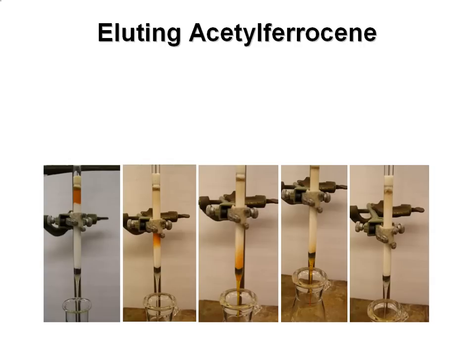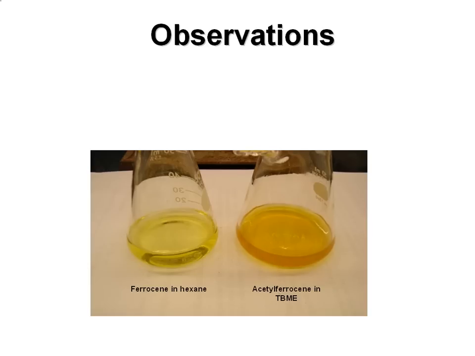And then once you get the ferrocene off, it's going to absorb more weakly than acetylferrocene, because acetylferrocene is more polar. You can switch over to a little bit more polar solvent and wash off your acetylferrocene, which is going to be darker in color. In these solvents, and you're going to be using different solvents, you can see ferrocene is separated from the acetylferrocene, and ferrocene in hexane is yellow, and in the TBME solvent, acetylferrocene is reddish.